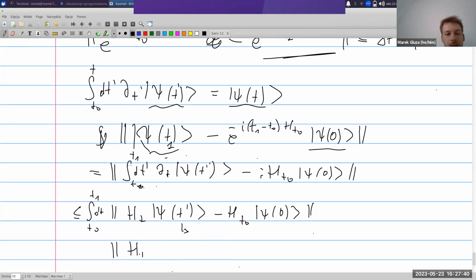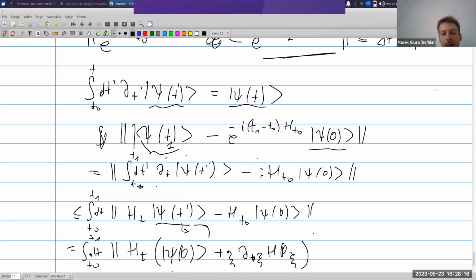I have ht integrating this dt from t0 to t1, ht and then psi of 0. This is a good thing to have. Plus dt, d psi, times some epsilon or psi.